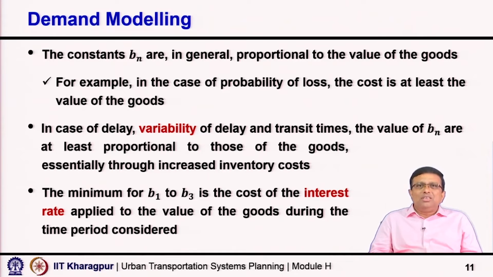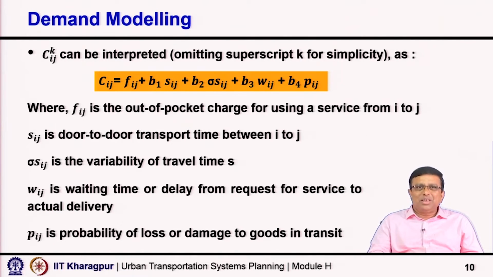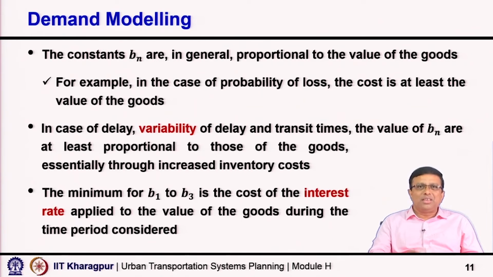The constants in general are proportional to the value of goods, whatever coefficients you have used here. These coefficient values are like B1, B2, B3, B4. In general, I am saying the constants Bn, if there are n variables, are proportional to the value of goods.